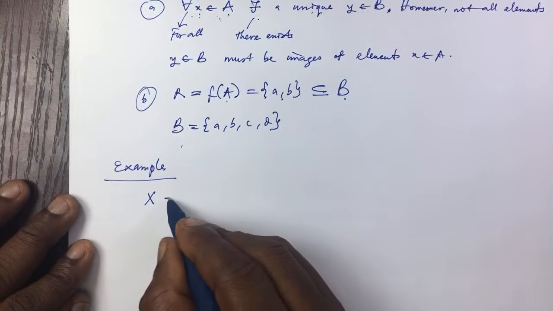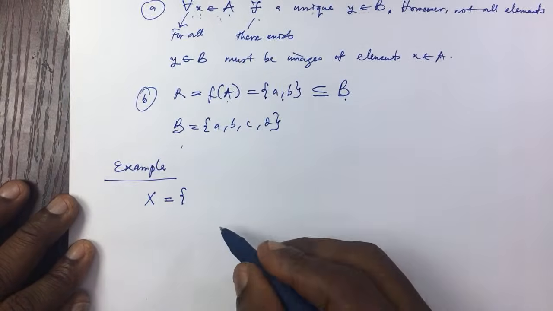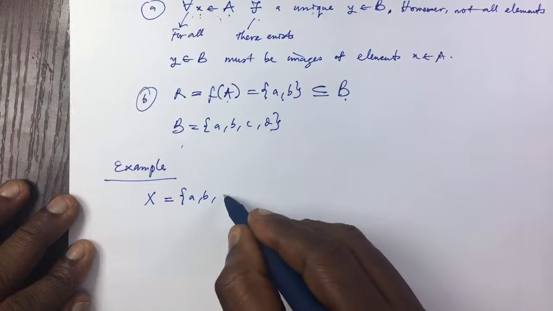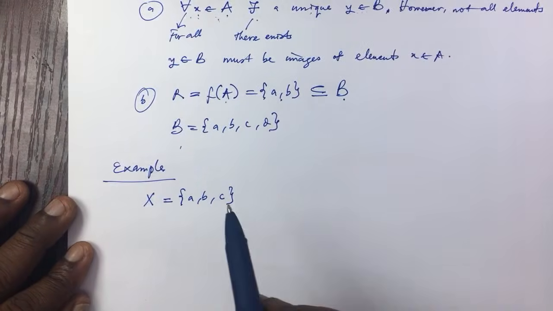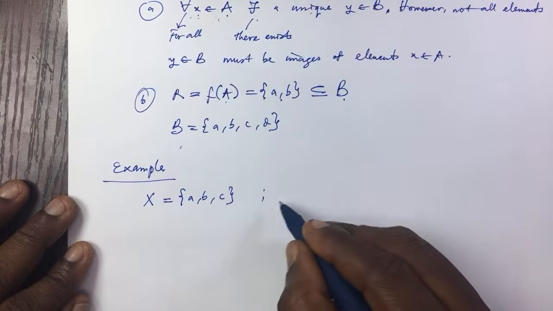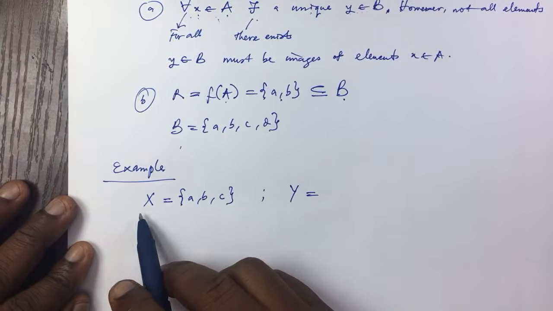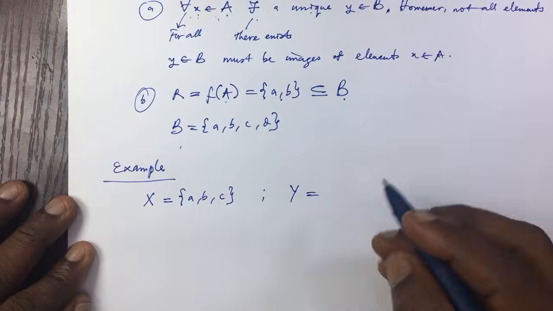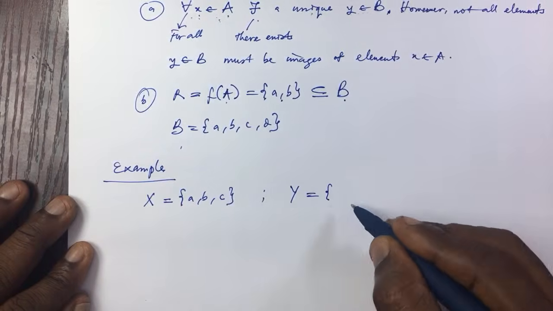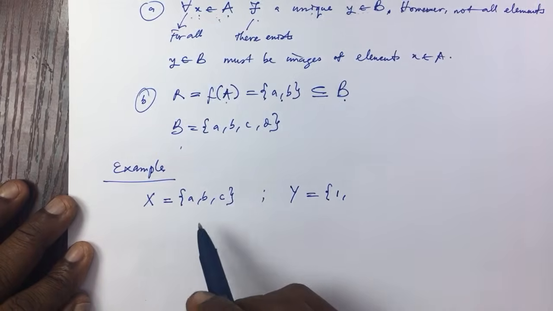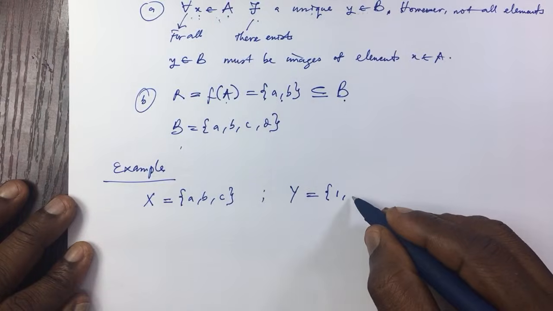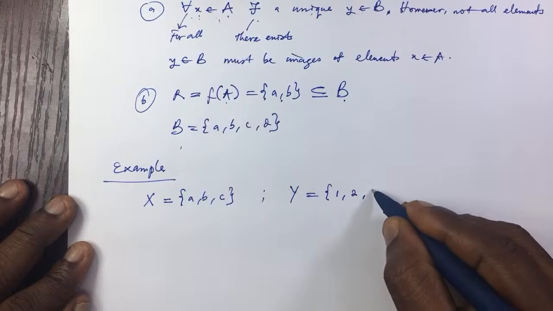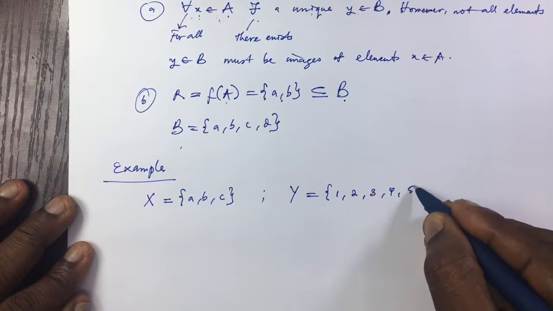Let's assume that there is a non-empty set X that contains the first three letters in the English alphabet, so a, b, and c. And let's also assume that corresponding to this set X, there is another set Y that contains the positions of letters in the English alphabet, so this is 1, 2, 3, 4, and 5.